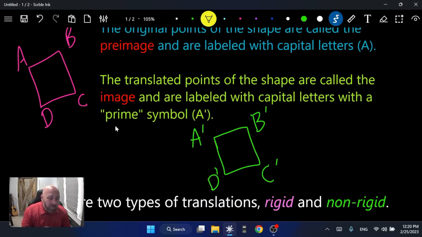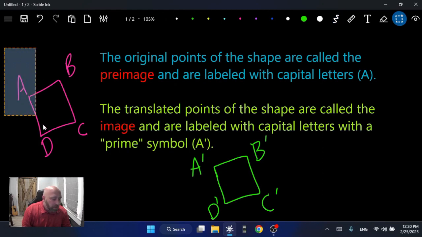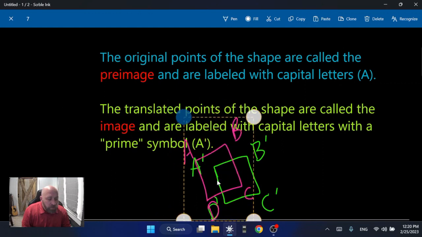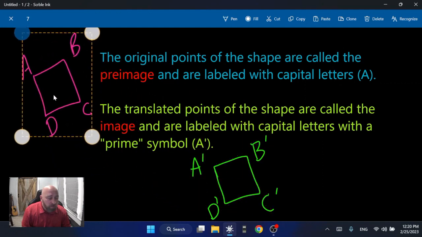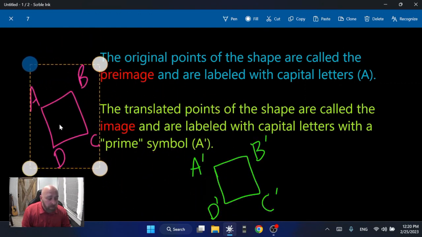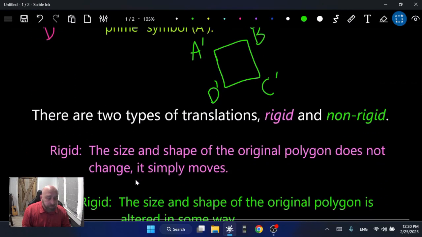I didn't draw these perfectly, but basically all we did here, and I can highlight this, is we took this and we just moved it. Actually, that wasn't too bad. The shape is pretty close to the same size. All we did was move it from one place to the other place. And that's what's called a rigid transformation.